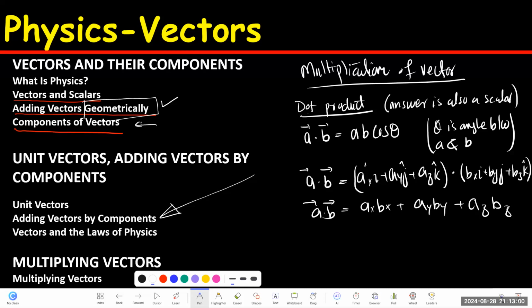Okay, let's take a look at the cross product and see how it looks a little different. For the cross product we have to use a different formula. So let's talk about the cross product.